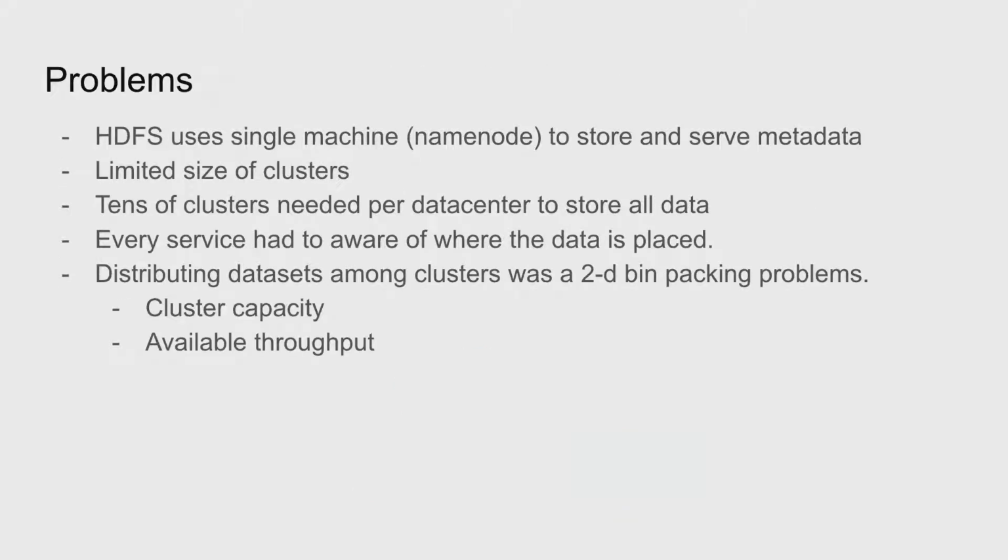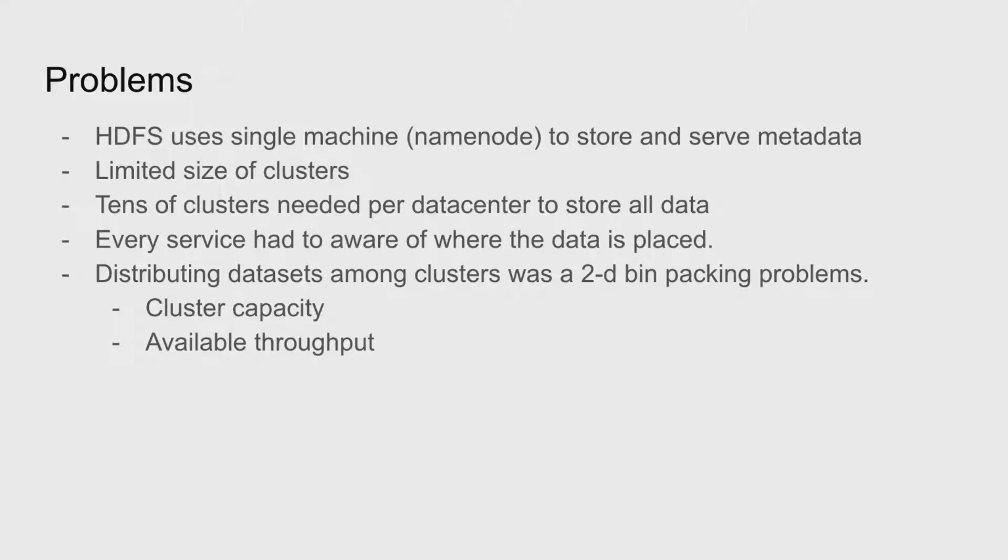The problem with HDFS was that it uses a single machine called the name node to store and serve the metadata. This limited the size of clusters. They ended up needing tens of clusters per data center to store all their data.